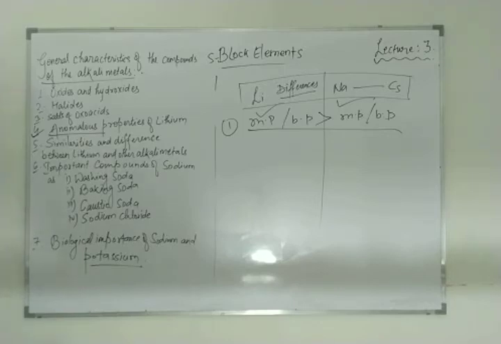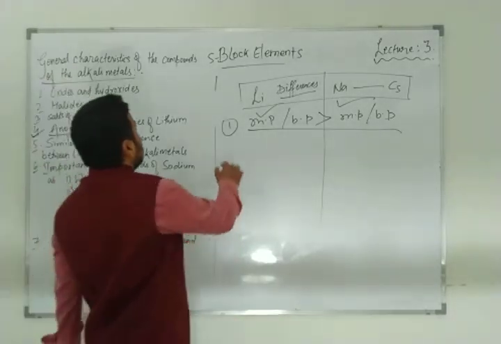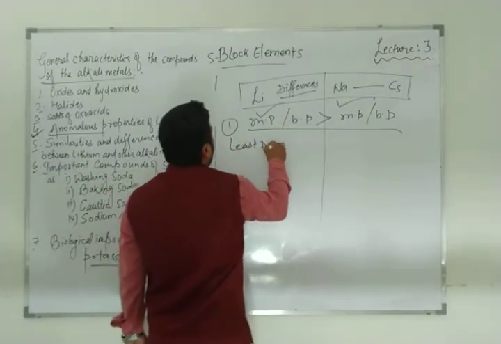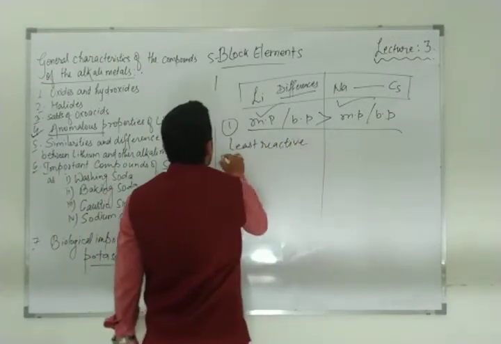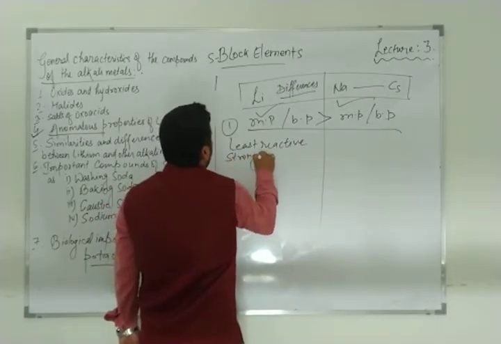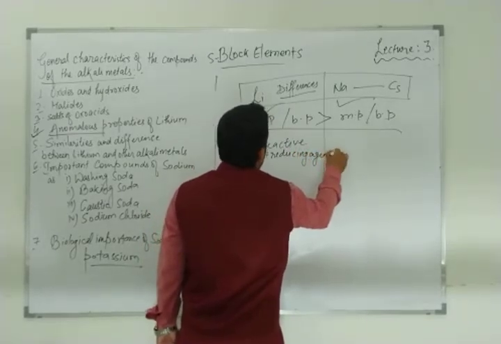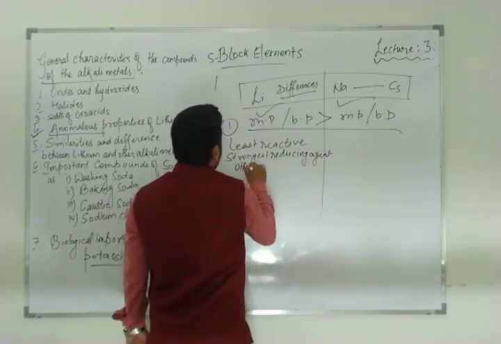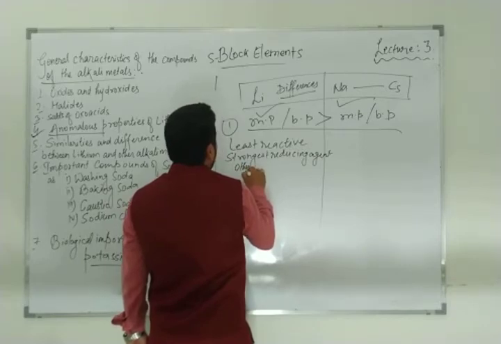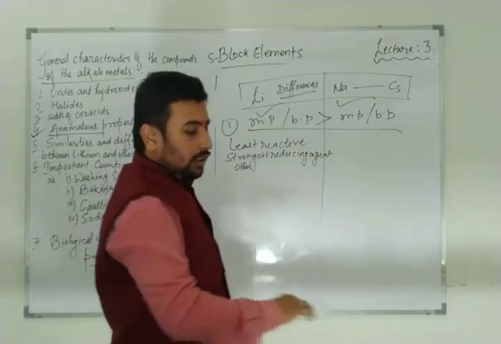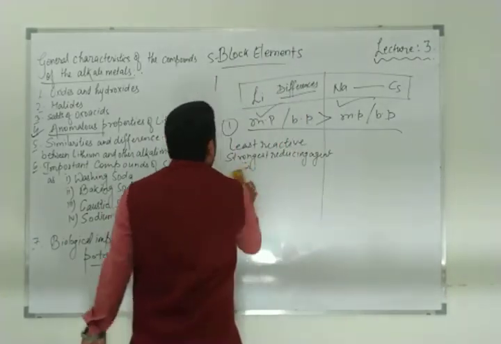Second, if we compare reactivity, lithium is least reactive but the strongest reducing agent among all the alkali metals. You have to remember this. Among all, lithium is the least reactive, the others are highly reactive.